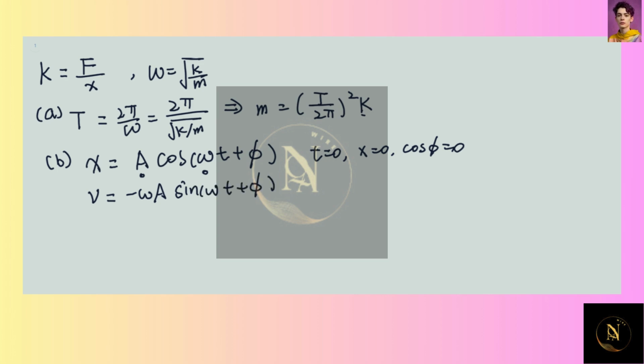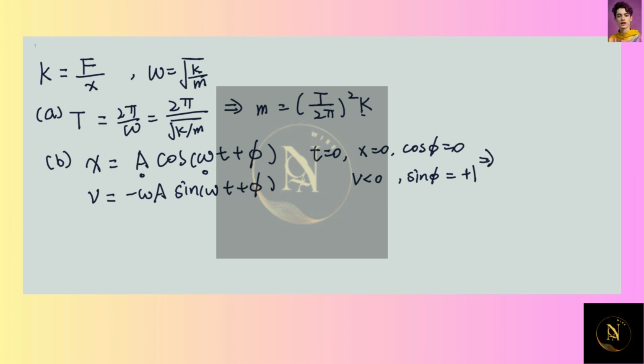At t equal to 0, it's moving downward. So v is smaller than 0, so sine phi is going to be equal to +1 because there's a negative sign here. So v is negative omega a at this moment. This part should be 1 because v is smaller than 0.